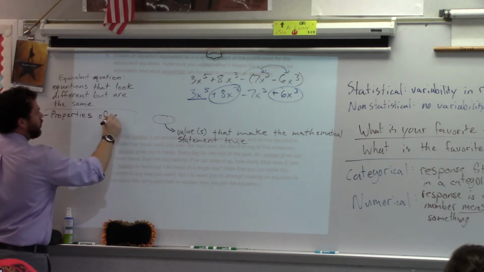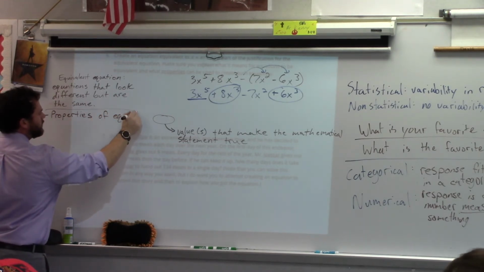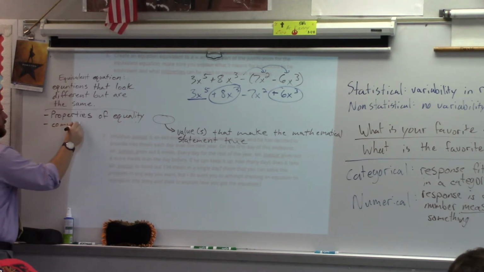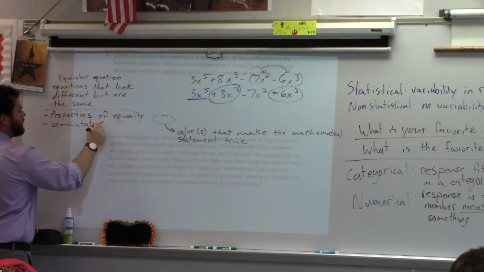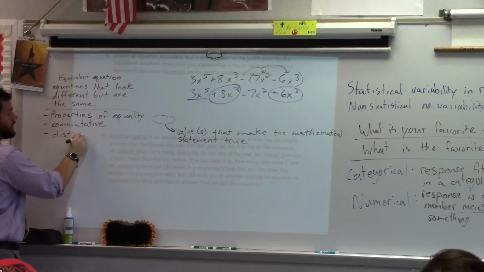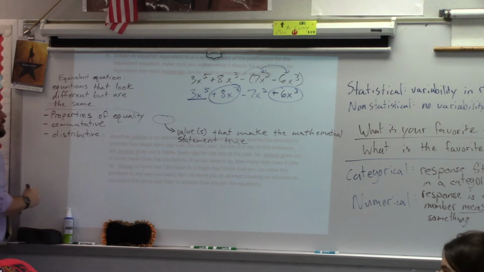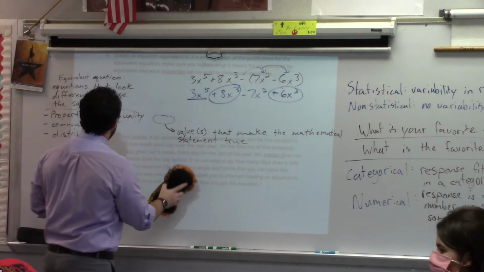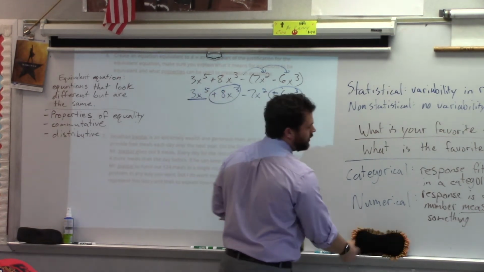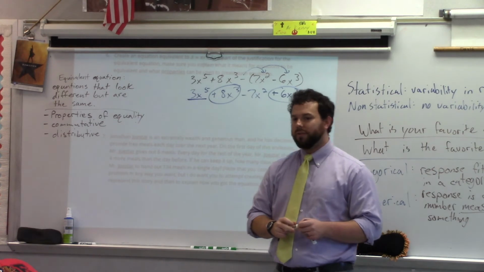But properties of equality, what else? Commutative. What else? Distributive. That's it. At least that's all we've done, right? The properties of equality, the commutative property, and the distributive property are how we are making equivalent equations.